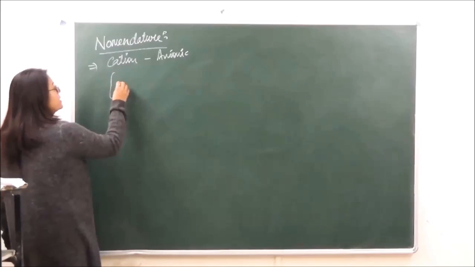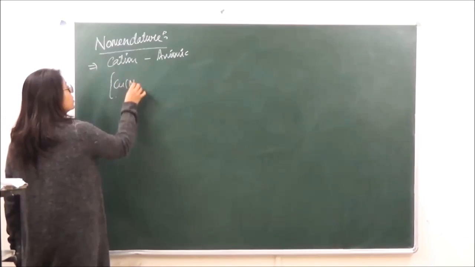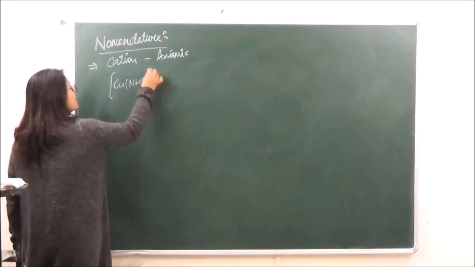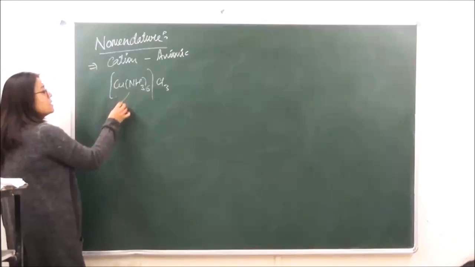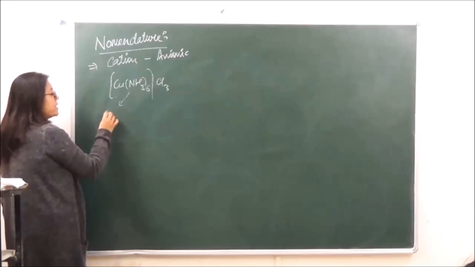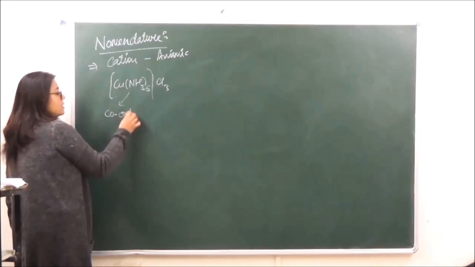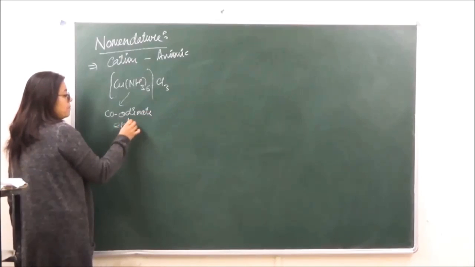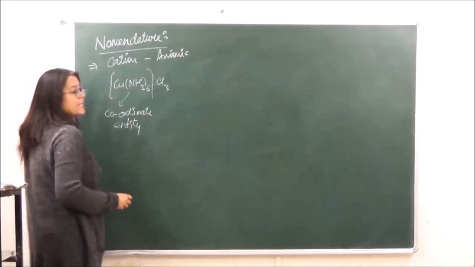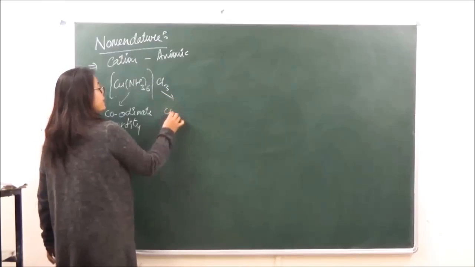If you're taking a very simple example over here, let's first understand what a counter ion is. Over here, this is going to be the coordinate entity. We read this yesterday. This is the coordinate entity, and this is going to be the counter ion.